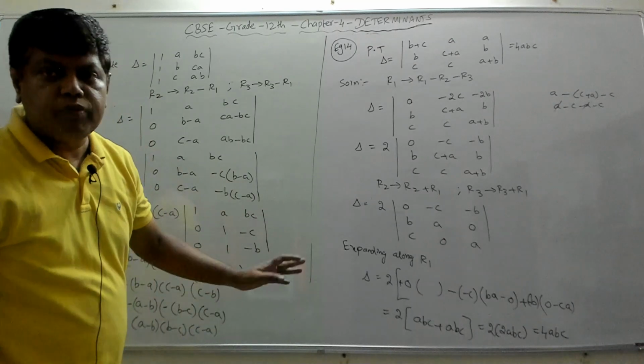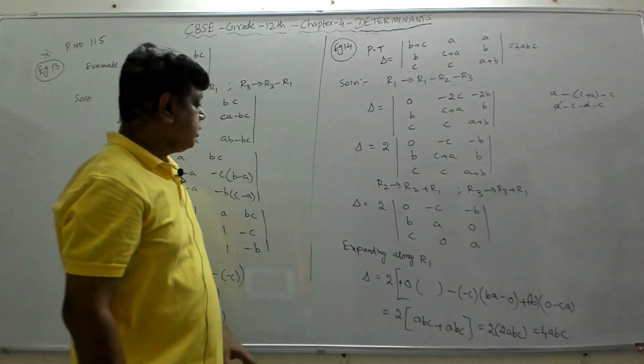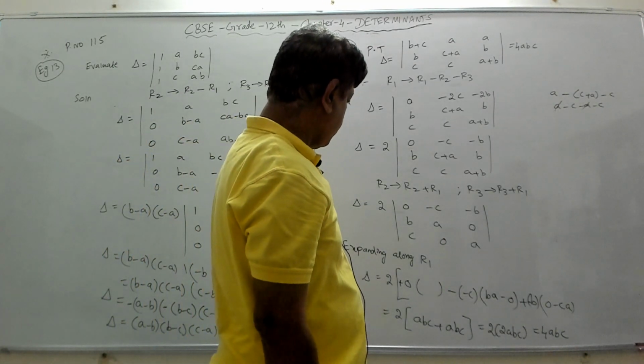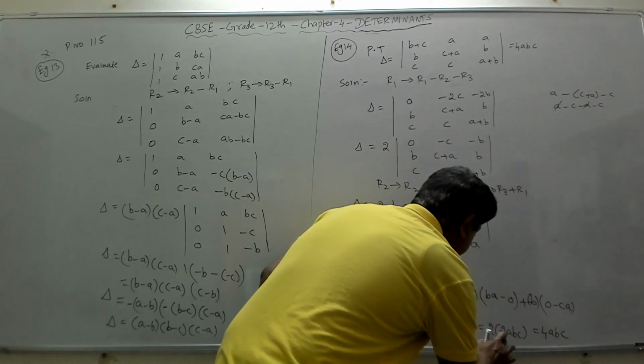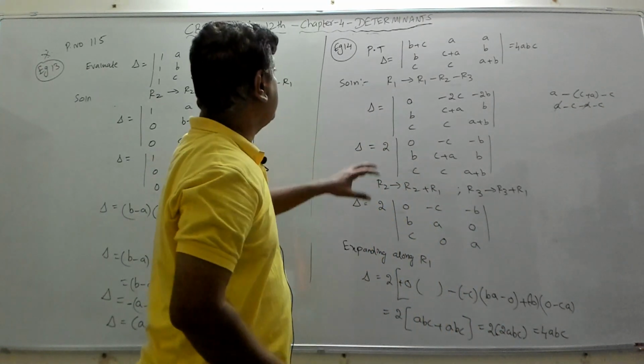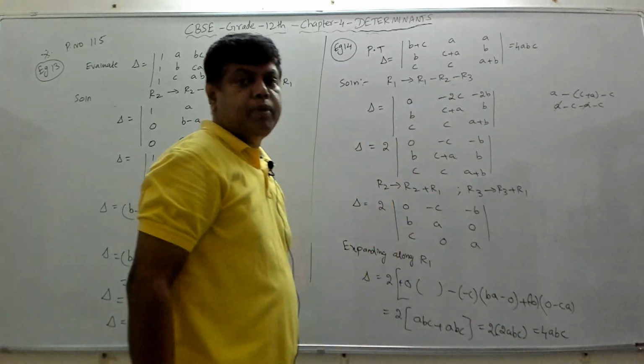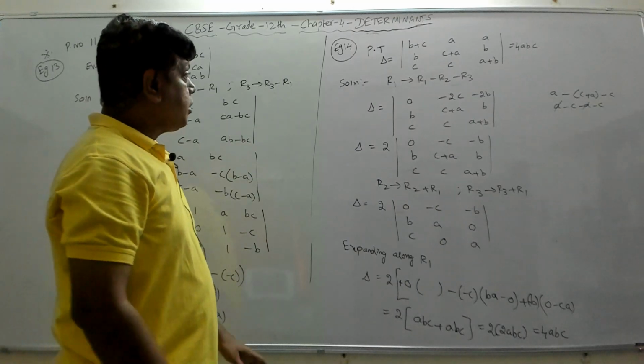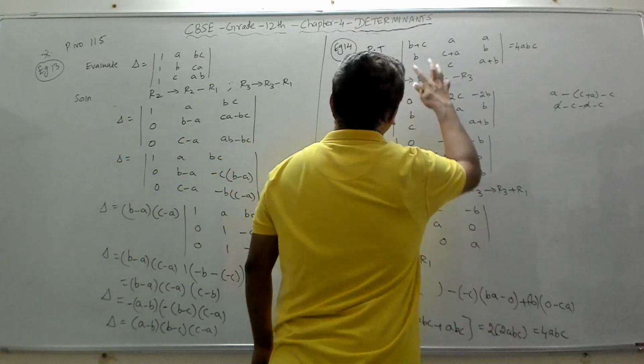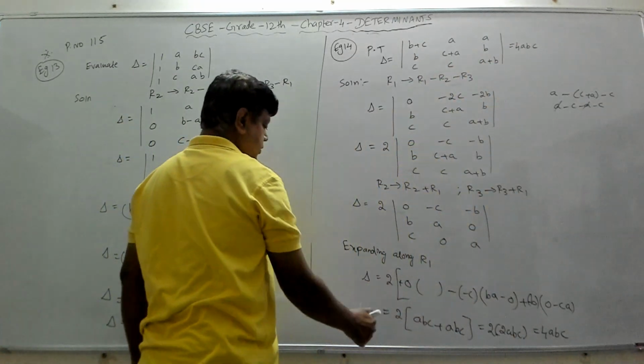Fine. So we have shown that the value of this determinant, which is delta, is equal to 4 times ABC. We have proved that.